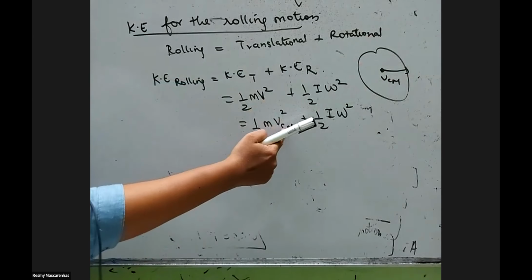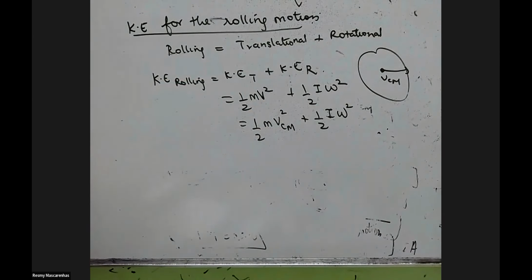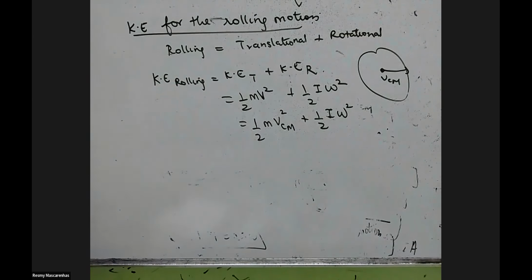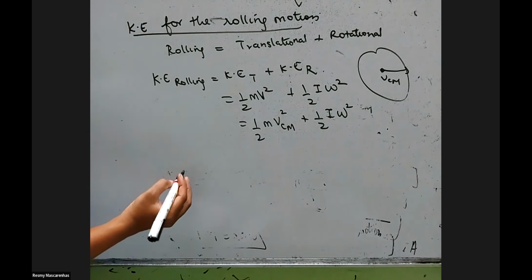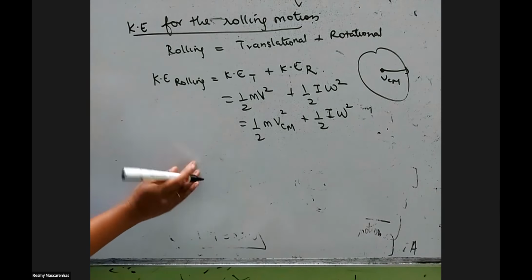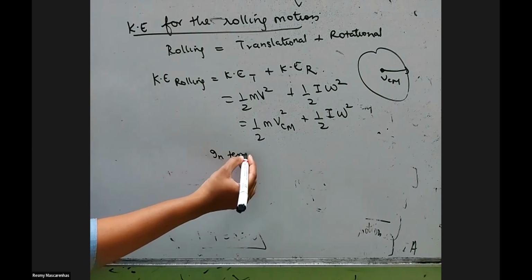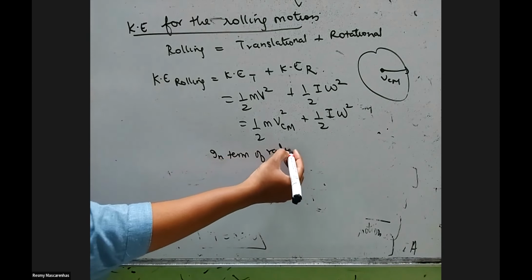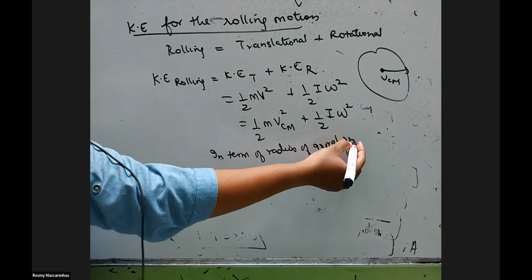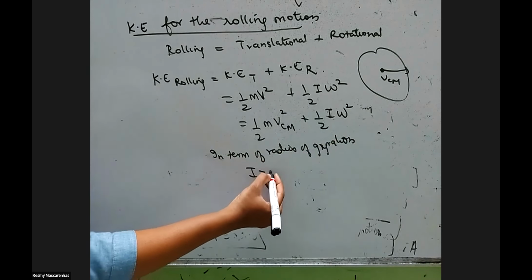The forward velocity we have taken as VCM, center of mass. Whether you write this or this, it's the same, no issue. In terms of radius of gyration, the relation is what?